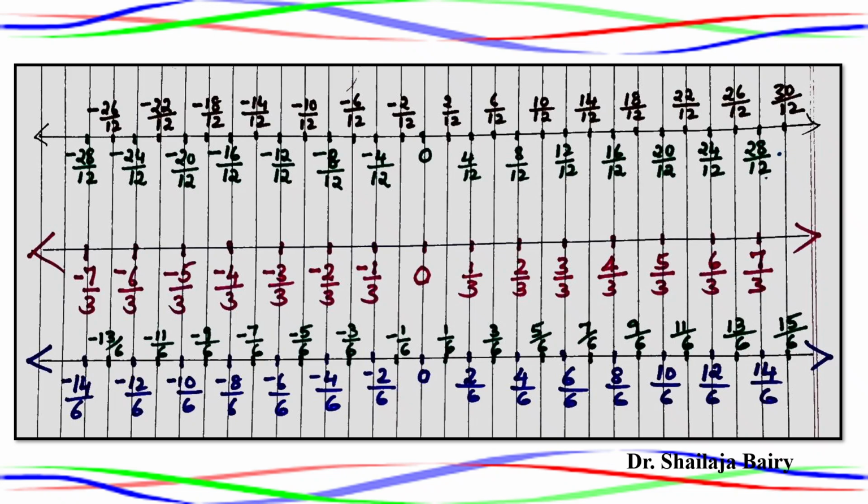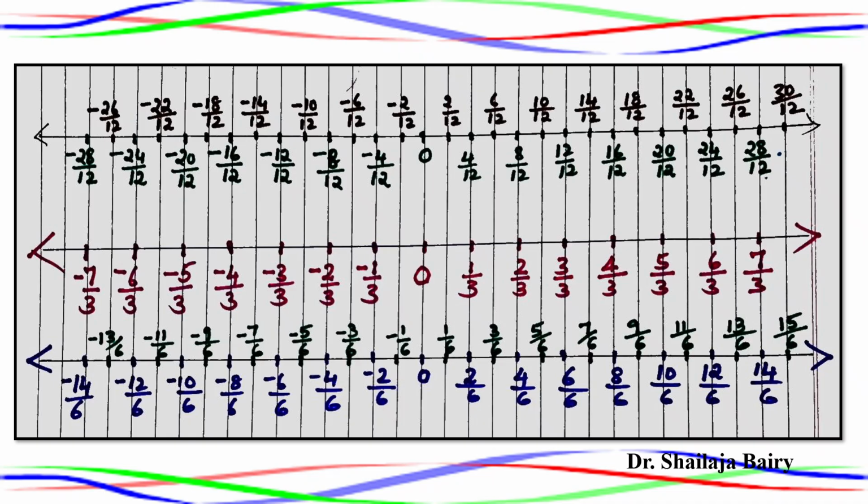Similarly, the bottommost number line has the denominator 6, that is, it is divided into 6, and the unmarked one is minus 13 by 6, which is written on the top, and it is equivalent to minus 26 by 12 on the top number line.